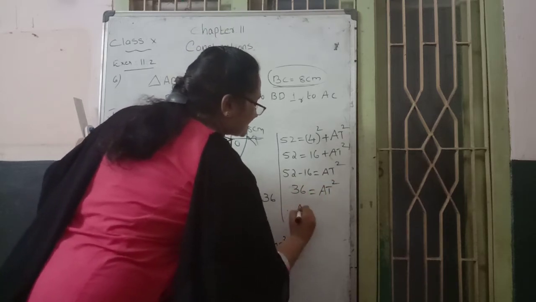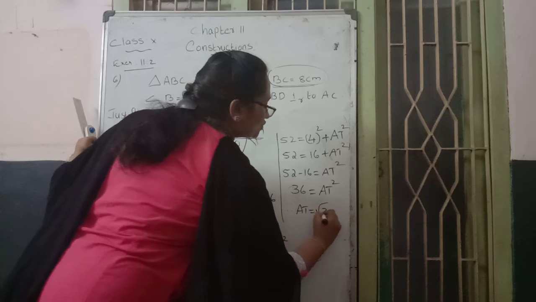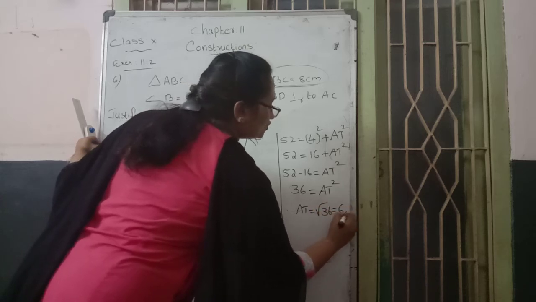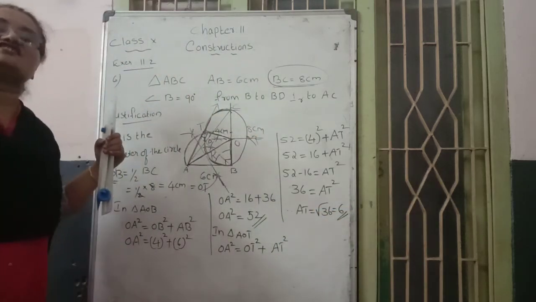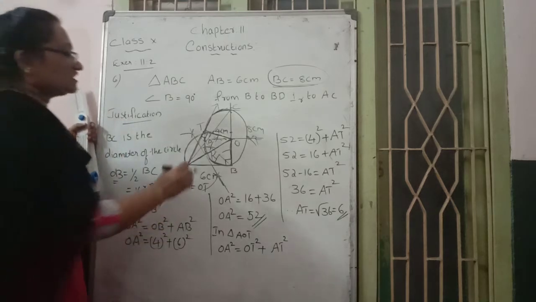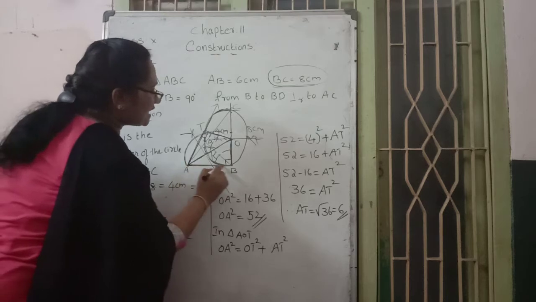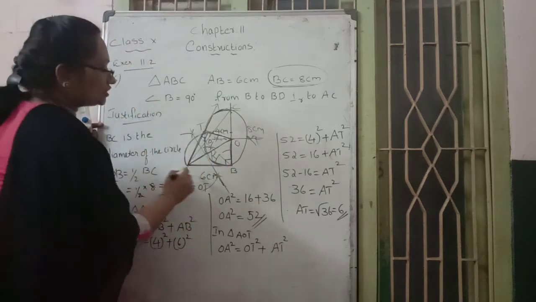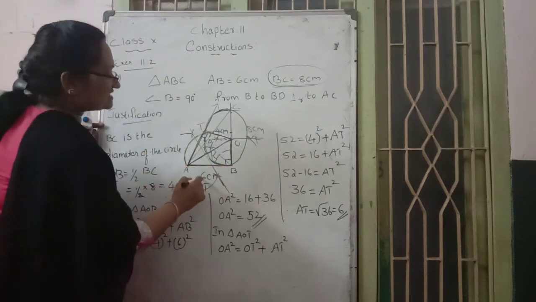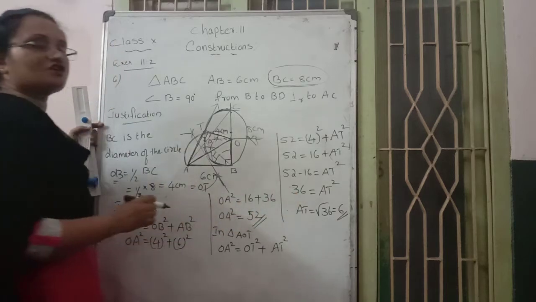So what we can say, the AT value becomes the square root of 36. The square root of 36 is how much? 6. AT is the tangent. Same way AB is also a tangent, and the AB value is how much? 6. AT also, how much do we get? 6.